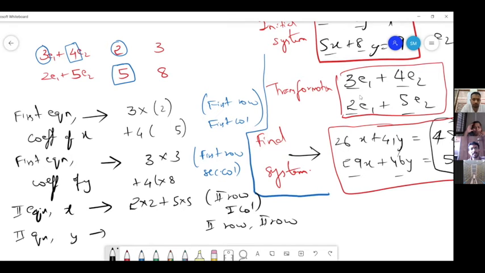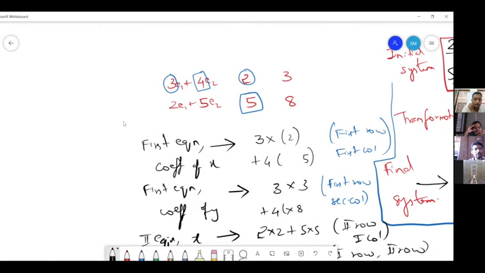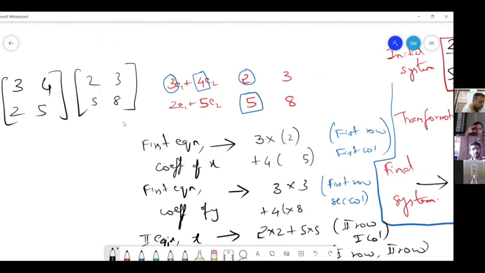So this is what we call matrix multiplication. If you have two matrices, say 3, 4, 2, 5 and 2, 5, 3, 8, generally we take the row, multiply it with the column, and so on.